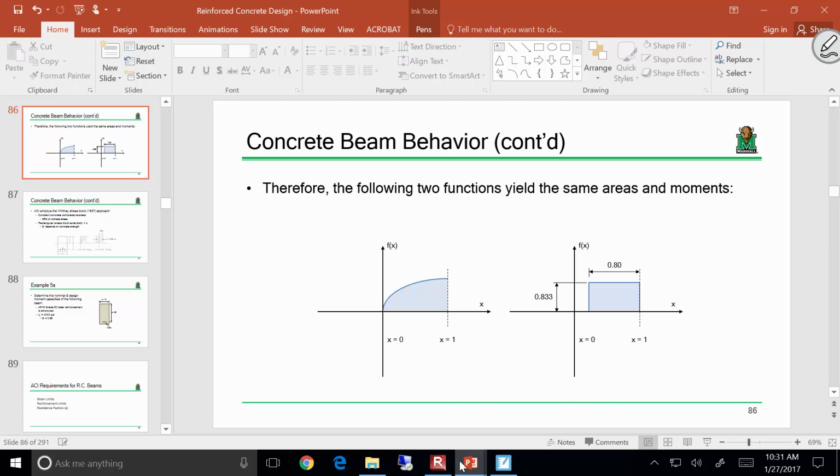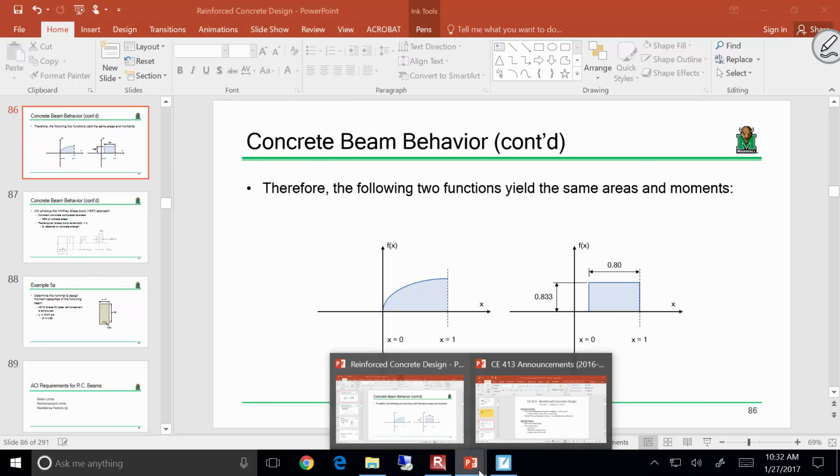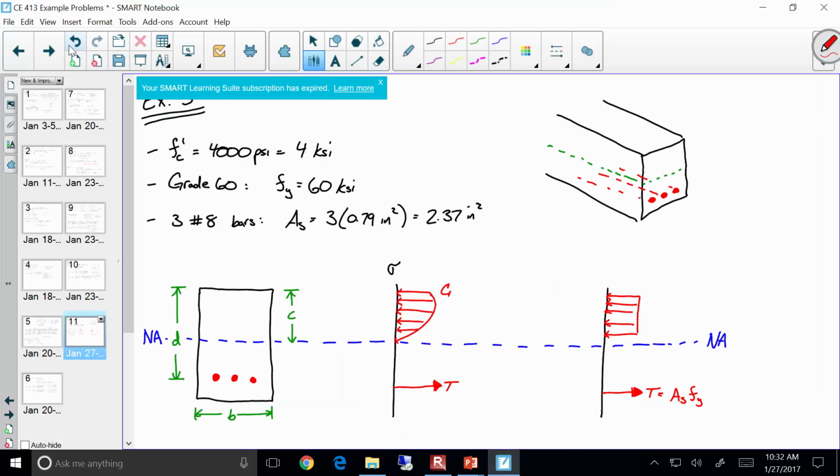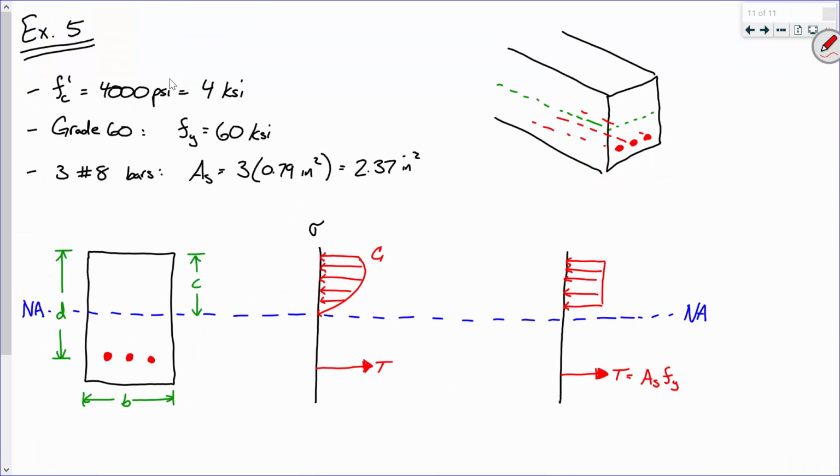Okay, now. Where's my full screen? There we go. Now the width of this box is 0.85 f'c. Now, the height of this box is what? Like, how tall is it? Y'all have that on that other slide?